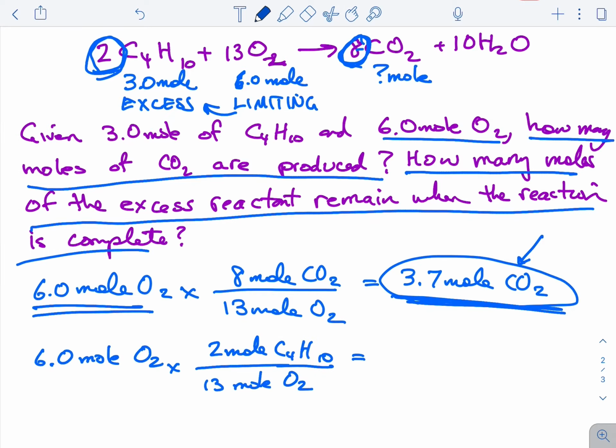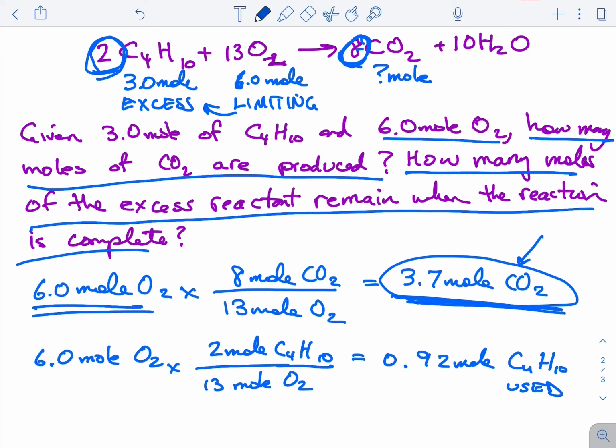All right, so that means that 6 times 2 divided by 13, which is 0.92 moles of C4H10, are going to be used in the process of reacting with that 6 moles of O2.